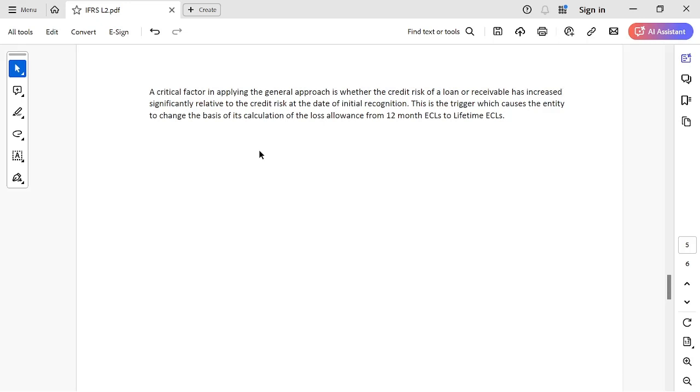If it has significantly increased, the company will need to make this assessment over the full lifetime of the bond, which in our case was 3 years. If we have another bond for 5 years, 10 years, you'll have to make this calculation of the allowance based on the full lifetime, which is a bit more difficult, I think, because you need to anticipate more and more in the future. After 3 years, 5 years, 10 years, it's more difficult than making this expectation for the next 12 months only.